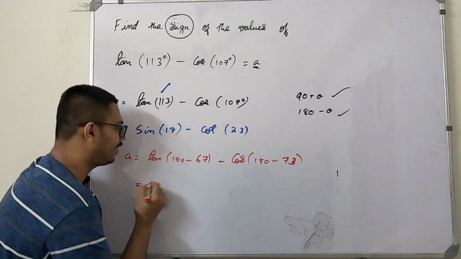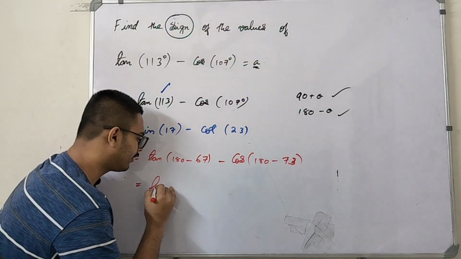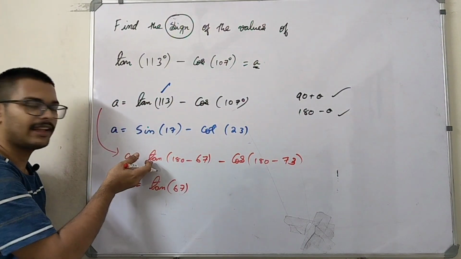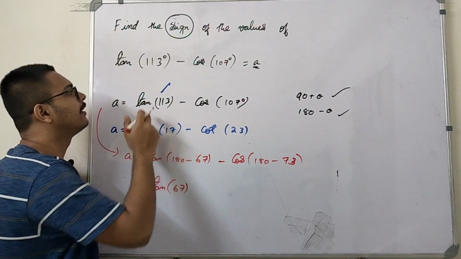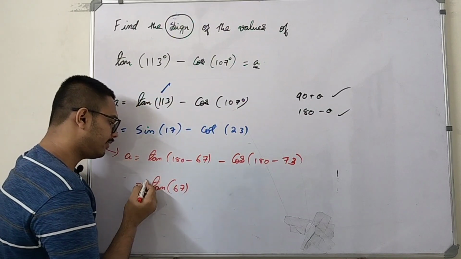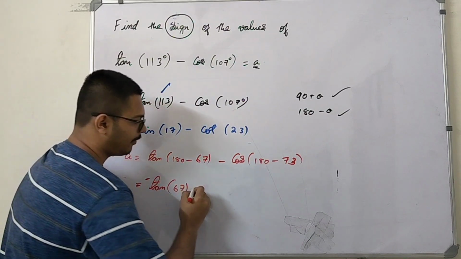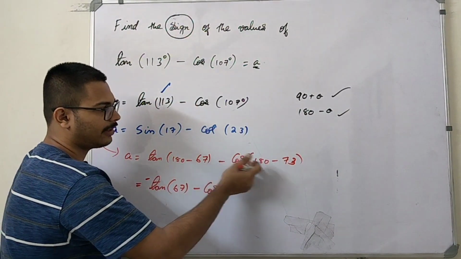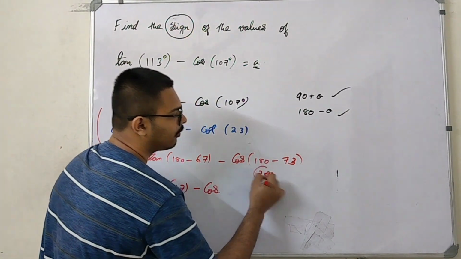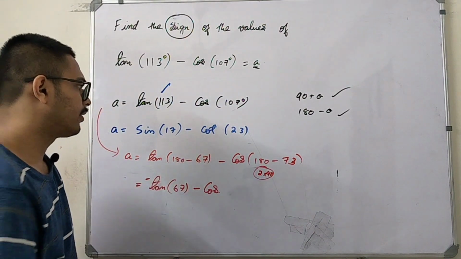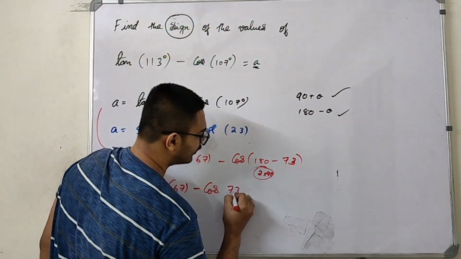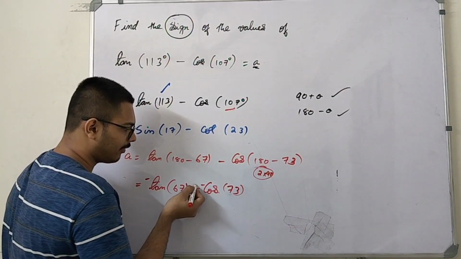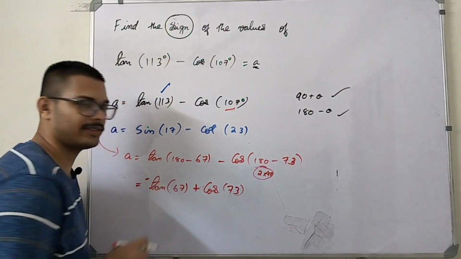Even multiple of 90, tan will remain the same, equal to tan theta. The angle is in the second quadrant, so tan is negative. Then cos, because it is an even multiple of 90, will not change and will remain the same, and in the second quadrant cos is negative, so we write minus cos 73. Minus of minus gives plus cos 73.